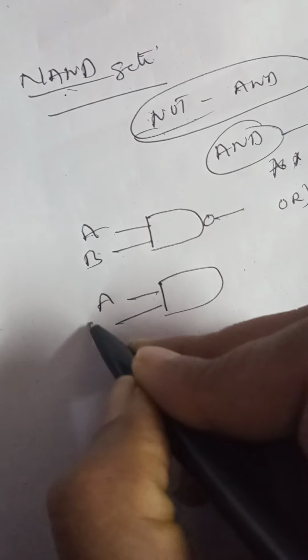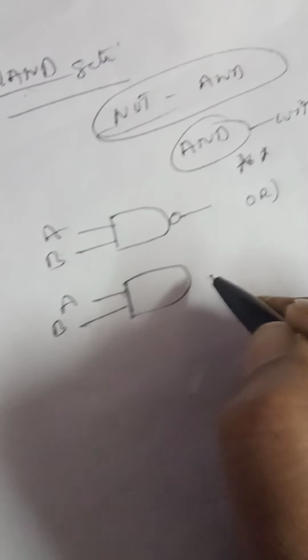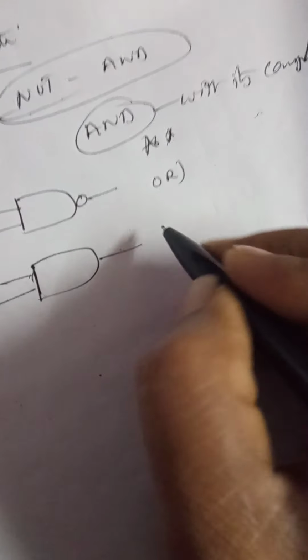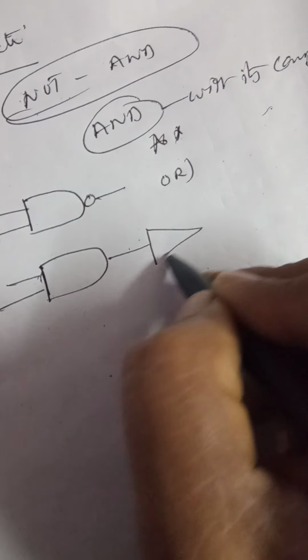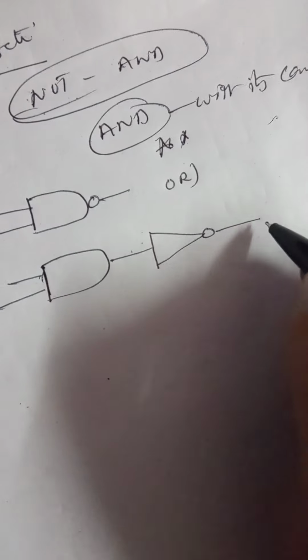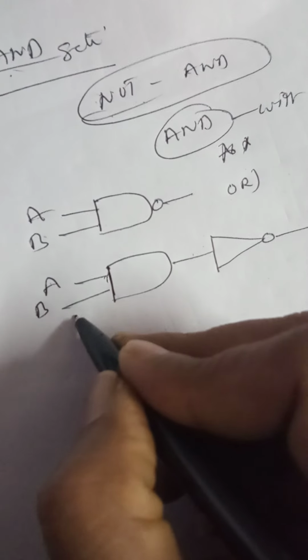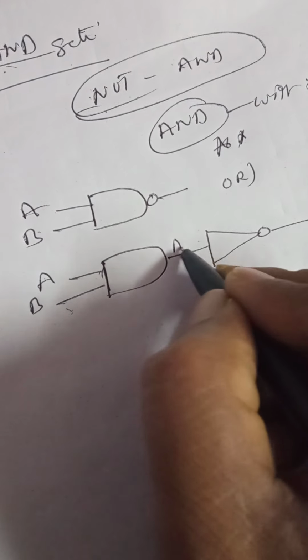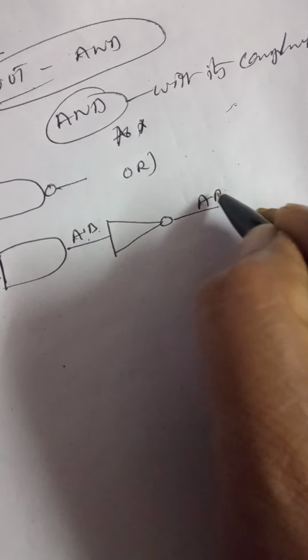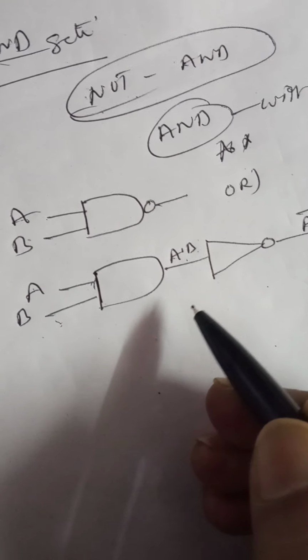Input A, B. Here there is a NOT, a bubble means NOT, right? It implies the NOT gate, which is triangle shaped, no? This is called the output. Suppose A and B are the inputs, then A dot B. Since the NOT gate has come, A dot B bar. This is called the output of the NAND gate, right?